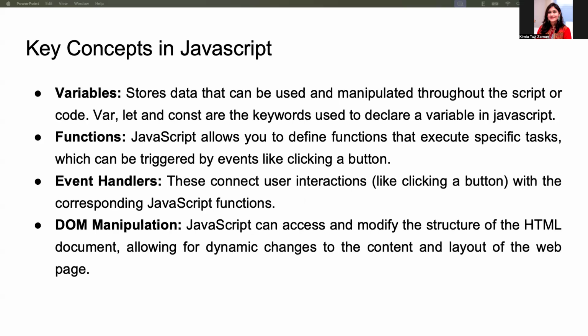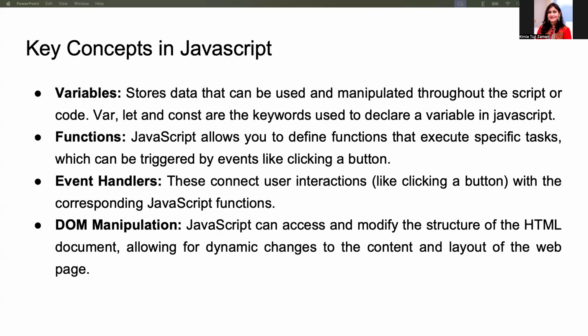In JavaScript, variables are used to store data and they can be declared using keywords like var, let, or const. Functions allow developers to define reusable blocks of code that perform specific tasks, often triggered by events such as clicking a button.